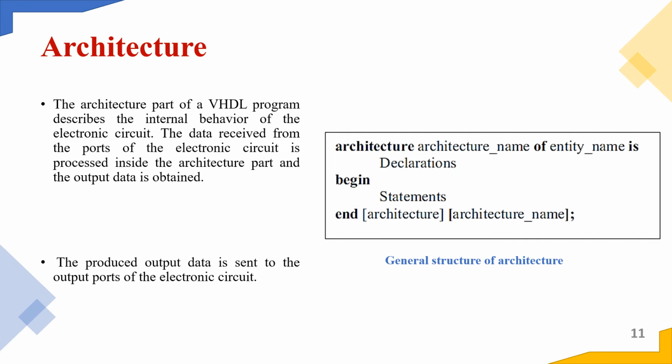Write architecture, after that the name of the architecture, then of and the name of the entity, and then the declaration of the signals, after that begin, and between begin and end architecture, write the statements. I will give you some examples in the next slide. And after that, end architecture and the name of the architecture.